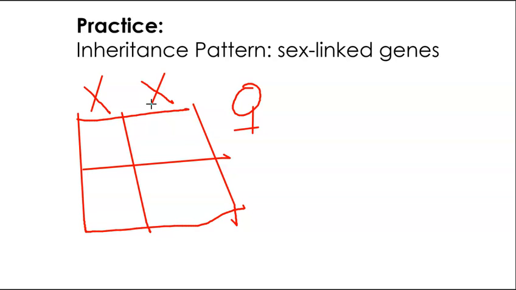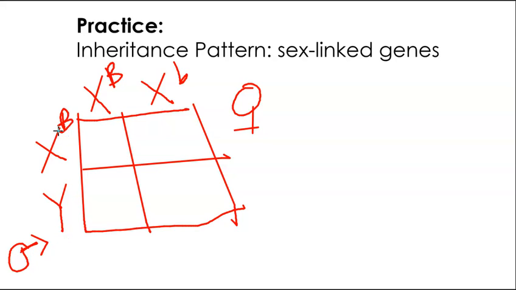She's a carrier, so she's going to be big B, little b. So she's a carrier for color blindness. Dad, he is an X and a Y chromosome because he's male. And dad does not have color blindness because we know that color blindness is recessive. So we're going to say he's got a big B on his X chromosome.